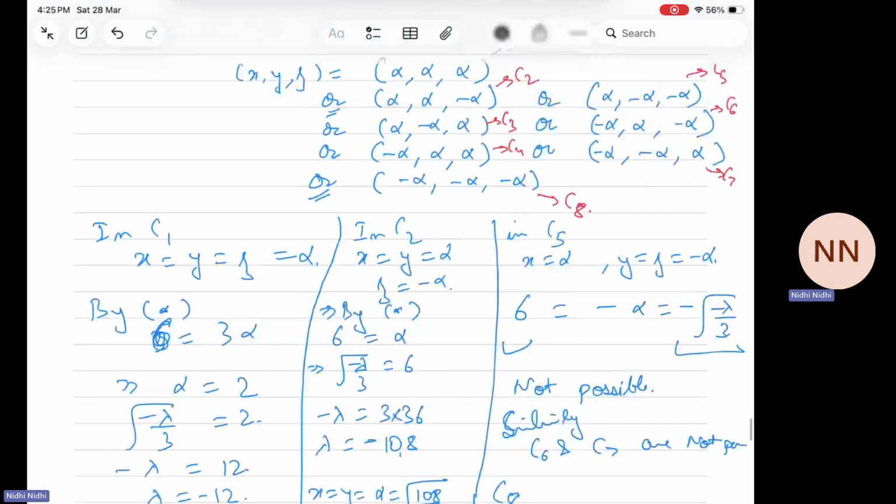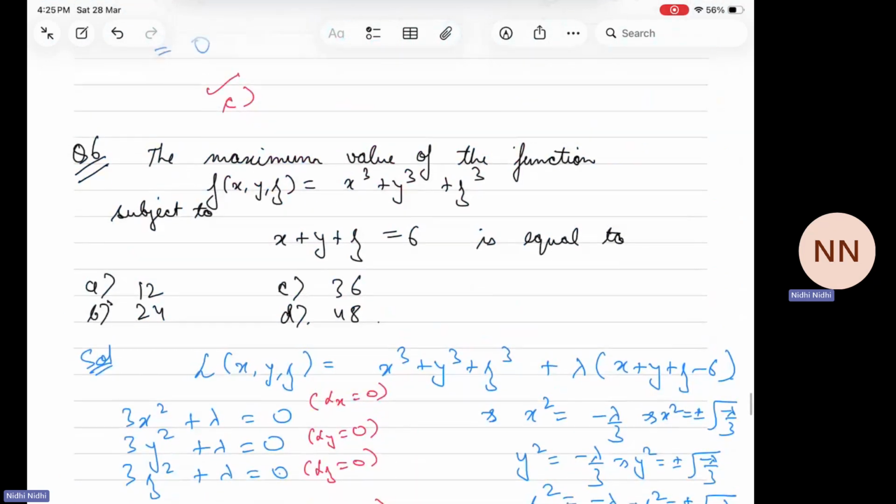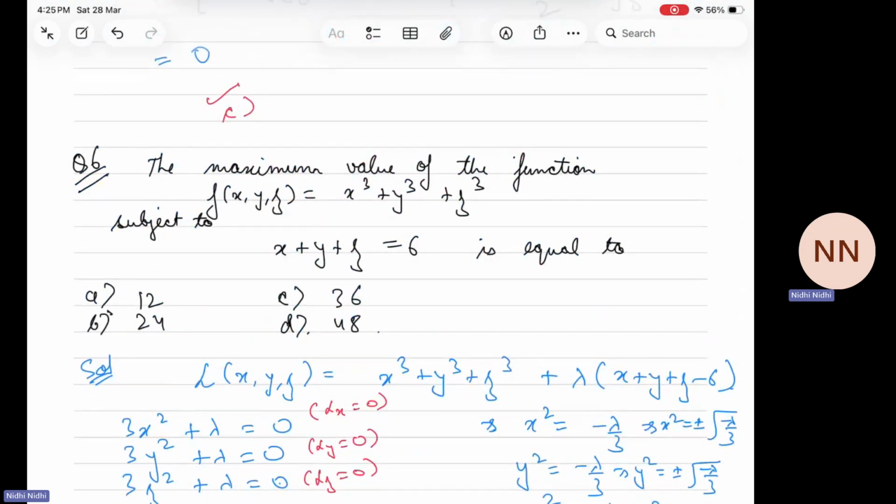So since 6 cube is not there in the options and 24 is there, I'm hoping that this is a typing mistake. It should be minimum, and therefore option B is correct.